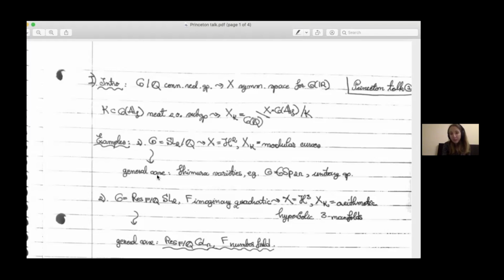So, for example, that is the case where the group that you start with is a symplectic group, say GSp_2n for any integer n. And another example of a group that will give rise to locally symmetric spaces that have an algebraic structure is the case of unitary groups. Okay, so that's one phenomenon.